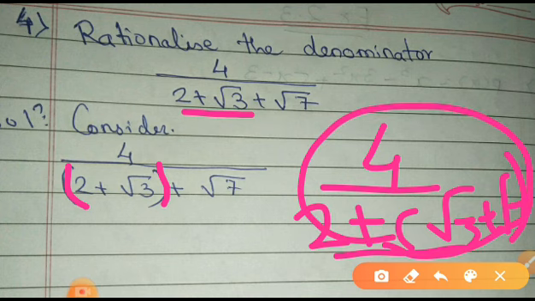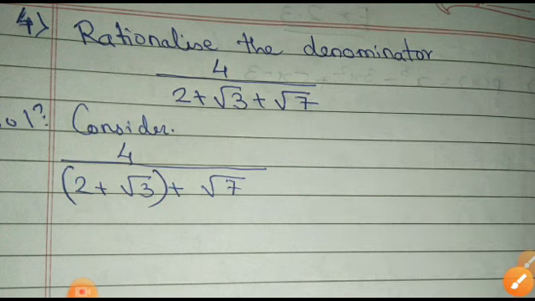So don't do this step. Preferably what you do is first two terms write in the bracket. So I have written it as 4 by 2 plus root 3 plus root 7.